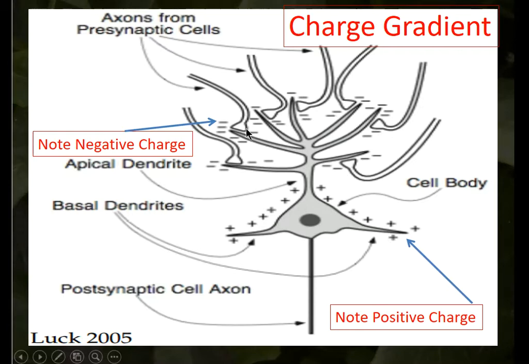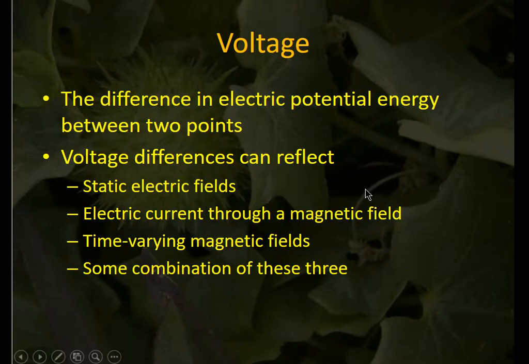And you can see from this example there are multiple representations of negative mineral ions located around the apical dendrites in this case, and positive mineral ions surrounding the cell body and the basal dendrites. This electrical difference creates an electrical charge gradient, as I was mentioning.